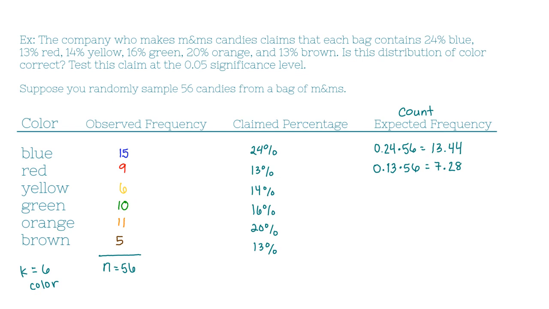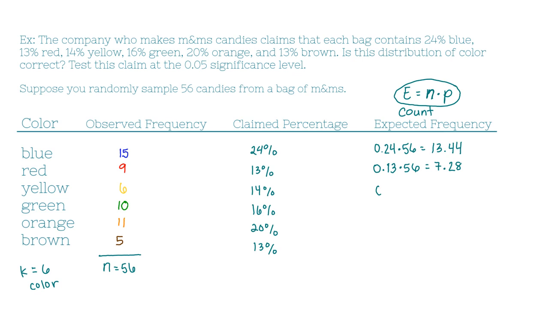And so what we're doing to get the expected count or the expected frequency, E, is we are taking our sample size N and multiplying it by the claimed percentage. So E can always be found by taking the number of items in your sample, which is this N right here, and multiplying it by whatever the claimed percentage is.